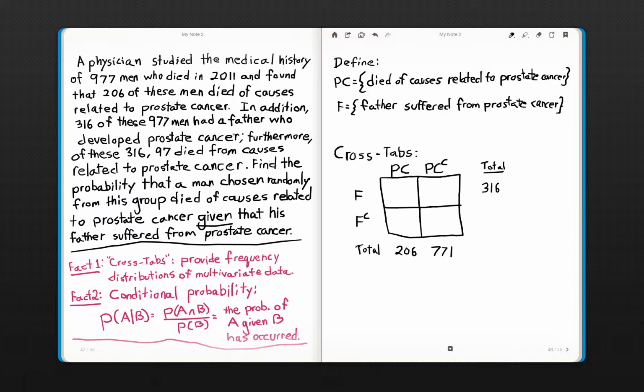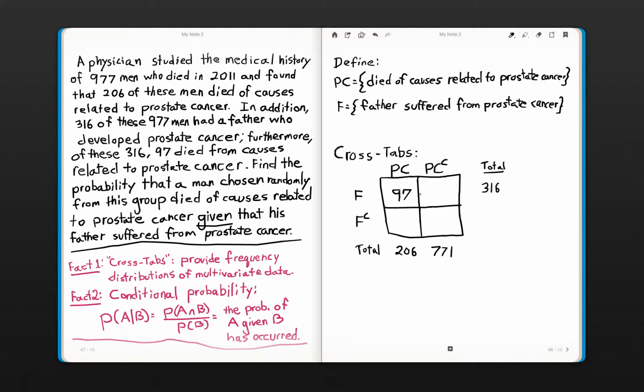Okay, now let's continue reading the problem. Furthermore, of these 316 that had a father who developed prostate cancer, 97 of them died from causes related to prostate cancer. So what they're saying is, of these 316, 97 died of prostate cancer.